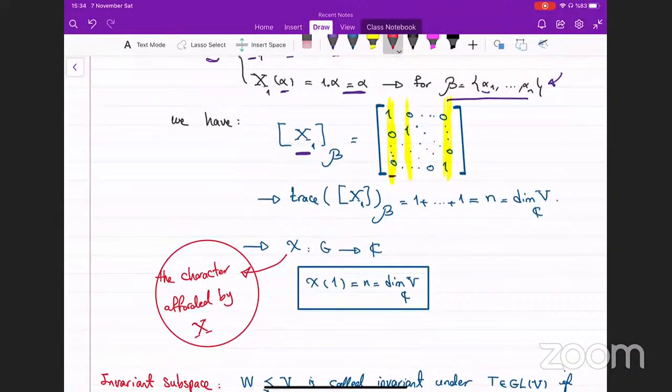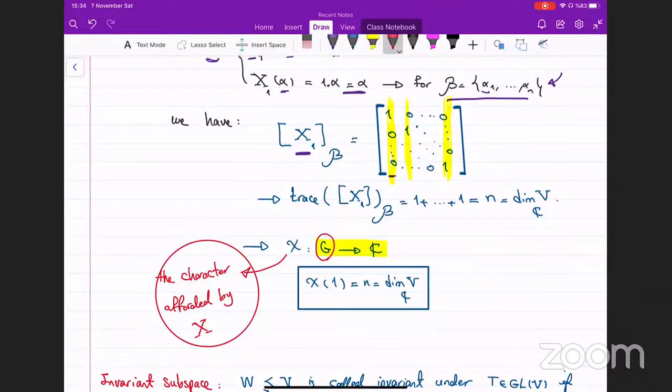According to the way that we define the character afforded by this representation, the character was a function from G to C, and chi of any element of G, any element that I choose in G, goes to the trace of the representing matrix.